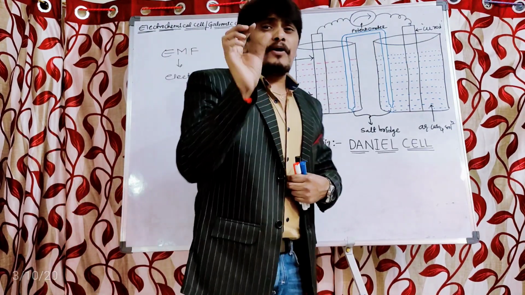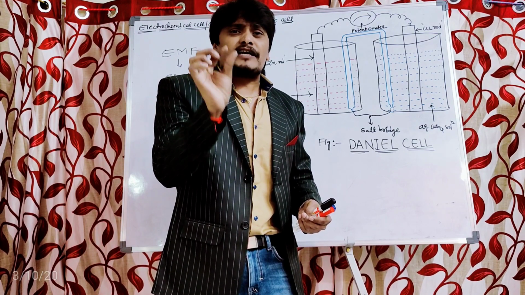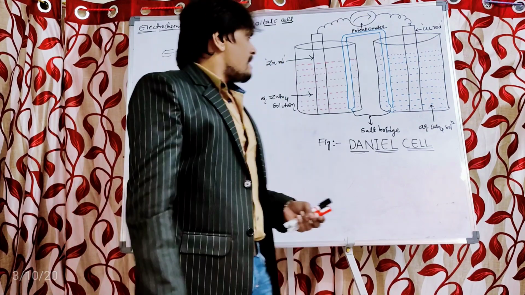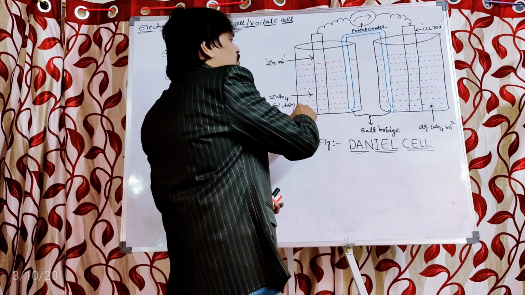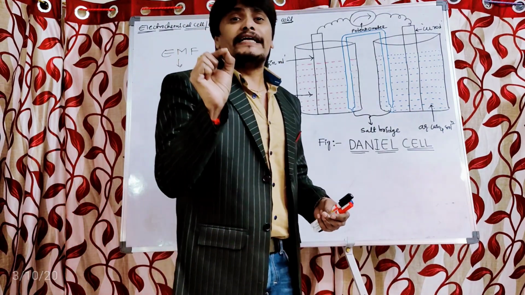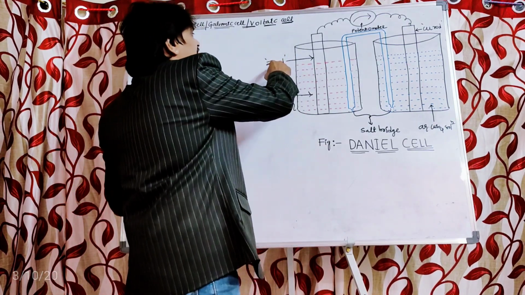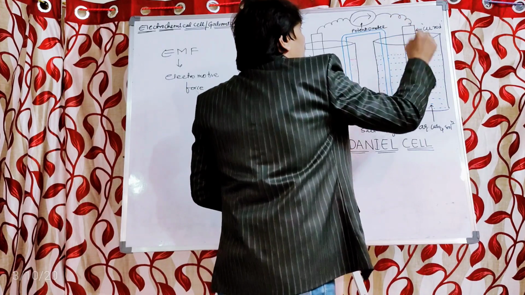Now let us see the purpose of each item which is a part of this Daniell cell. Aqueous zinc sulfate solution and aqueous copper sulfate solution are the electrolytes. Zinc rod and copper rod are the electrodes.